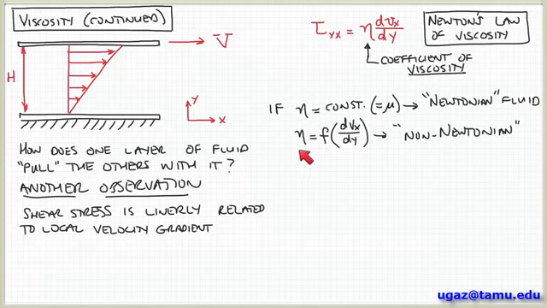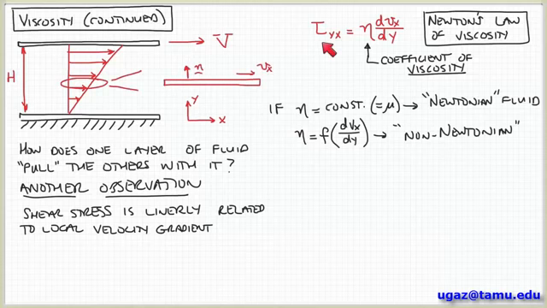So as you shear them at a greater rate, as you apply a deformation at a faster rate, then they exhibit less resistance to flow. The viscosity goes down. That's just one example. But any case where the fluid's viscosity depends on the rate of deformation is an example of a non-Newtonian fluid.